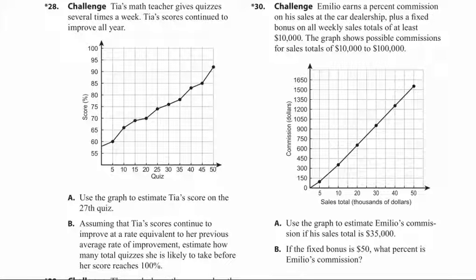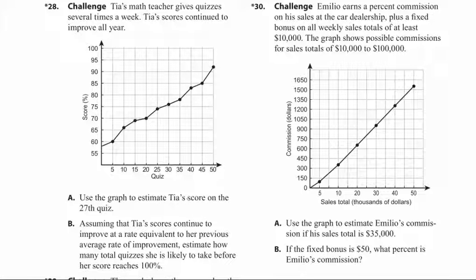Quiz number 50, she's got the high score compared to the first quiz, number 5, which had a score of 60. Use the graph to estimate Tia's score on the 27th quiz.